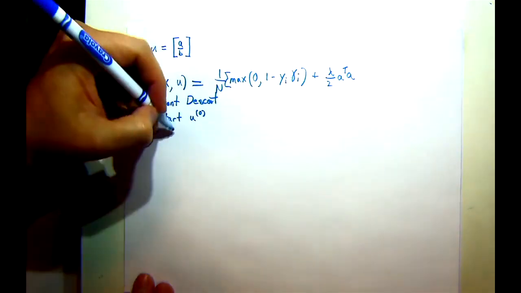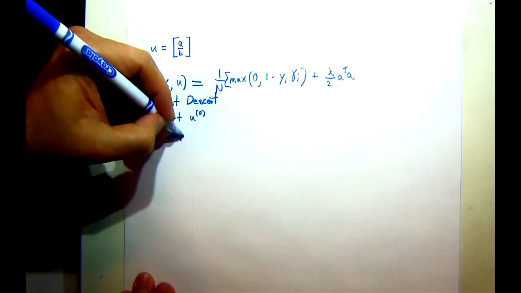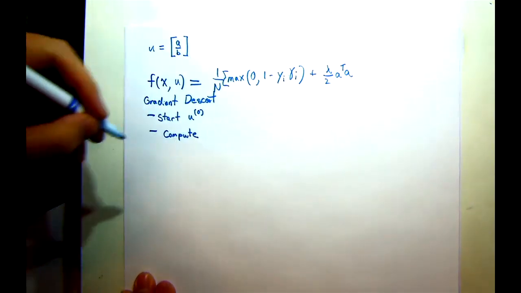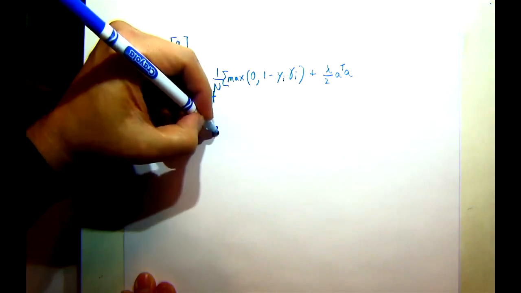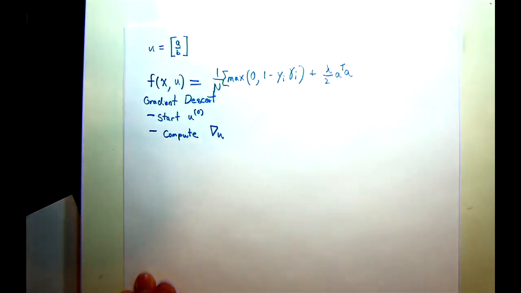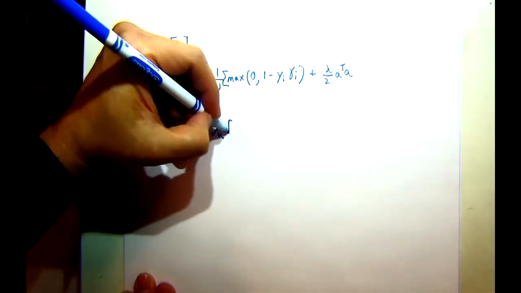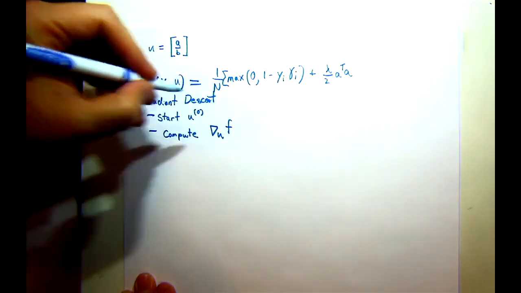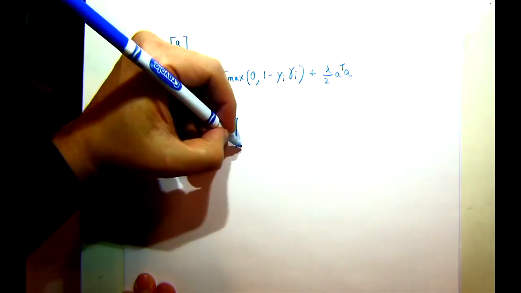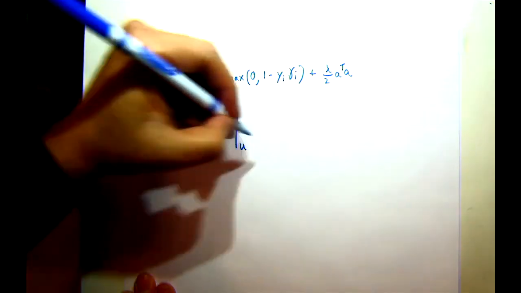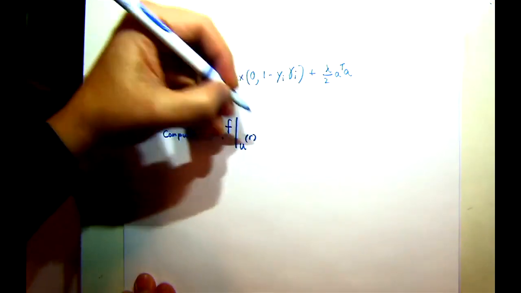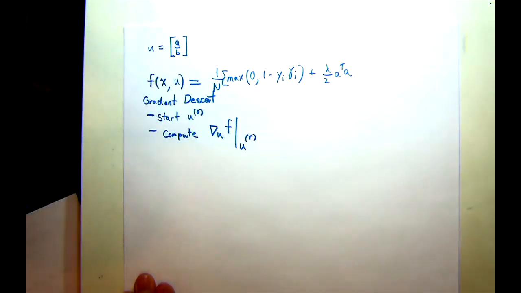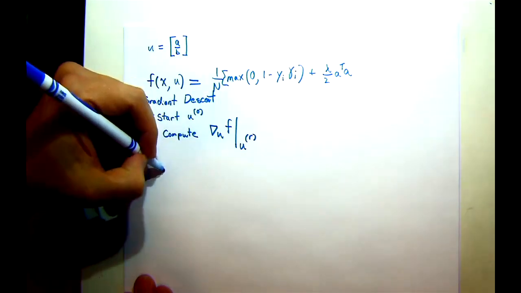We're going to compute the gradient with respect to the parameters a and b, which we're calling u here, of f. And we're going to evaluate that at our current iteration, whatever our current u estimate is. And then we're going to update our u estimate.